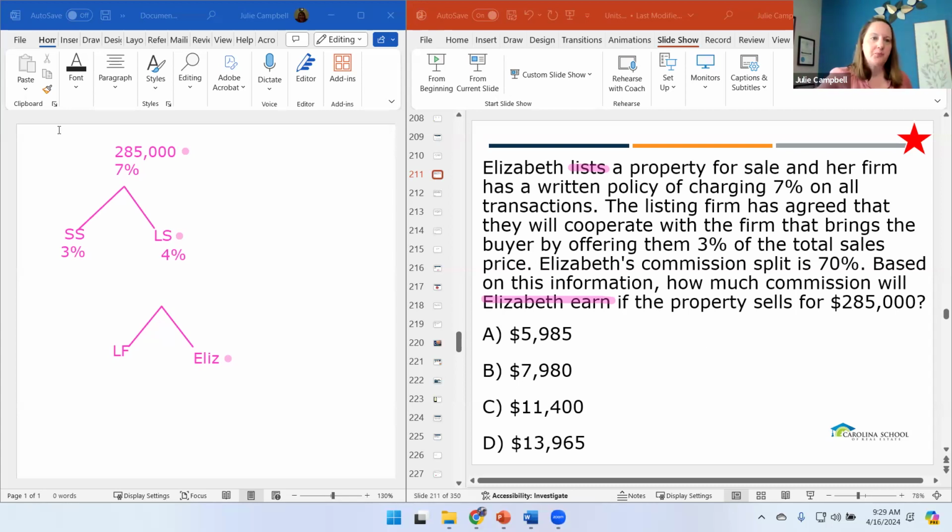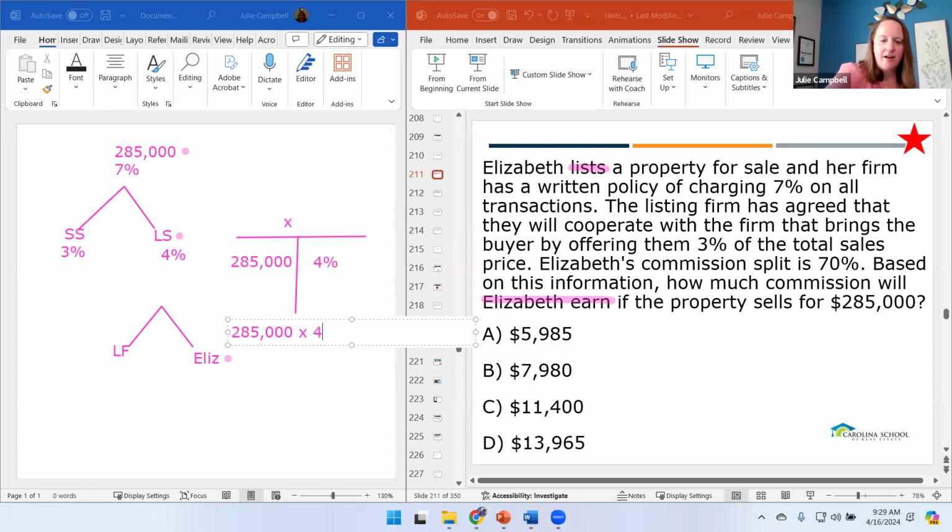So the first split is to figure out how much the firm collected, how much the side got. And we know the side is getting 4% of the sales price. So all we're doing, T-bar or not, 285,000, that fancy word of tells us to multiply.